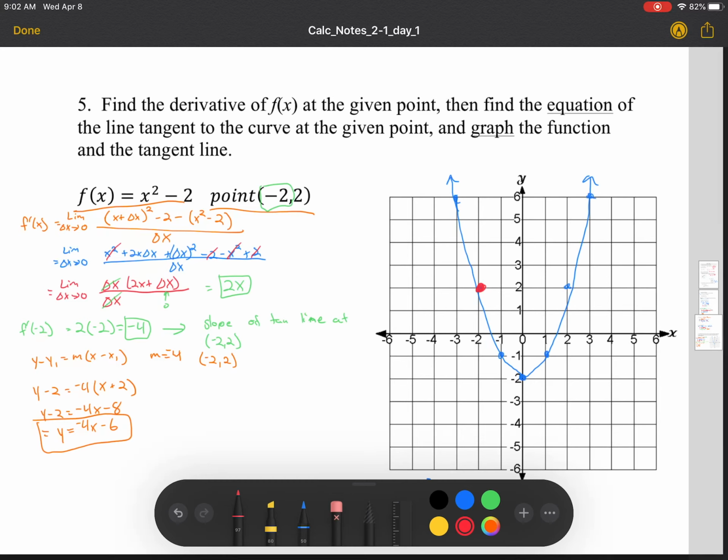Now we wanted to find the tangent line at this point right here, negative 2, 2, and we found the slope of it was negative 4. So that line is going to be more like this, coming inside.